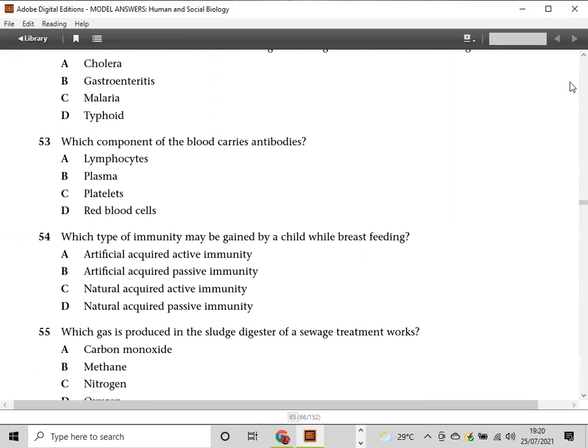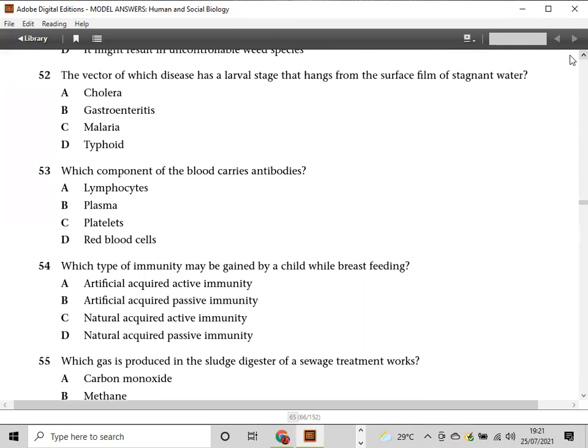Go back up to 52 a bit so you guys can see.